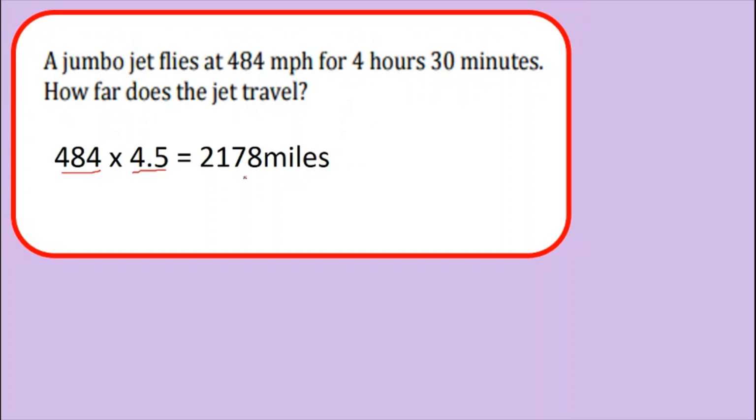So 2,178 miles. When you have a look at these, if you get ridiculous answers, just double check it. A jumbo jet doesn't tend to fly for, say, 20 miles. Okay, so if you've got a smaller number than this, maybe just double check that, because you should have something in the thousands typically for a jumbo jet.